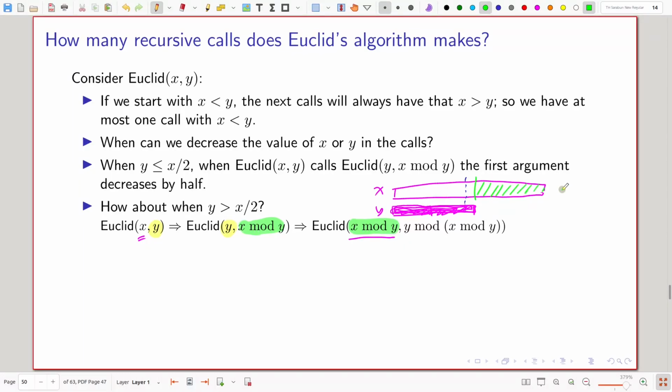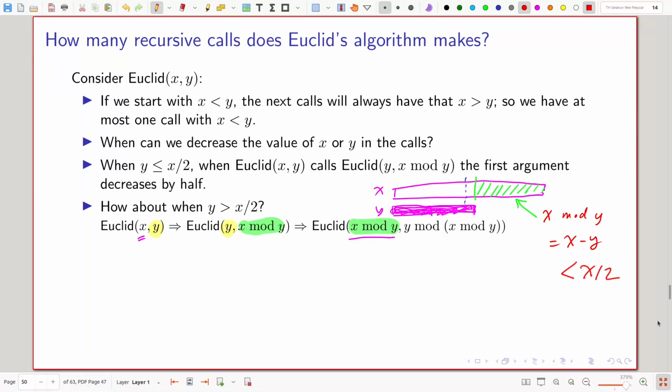So how large is the remainder? If y is really large, x mod y is equal to x minus y. Because y is larger than half of x, x mod y is x minus y, and it's less than x over 2.